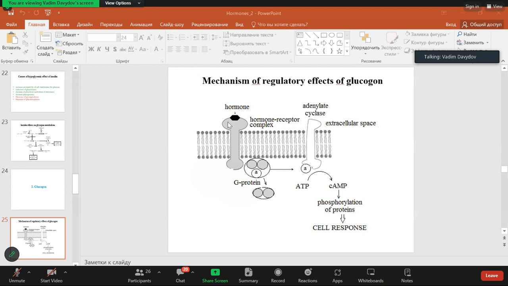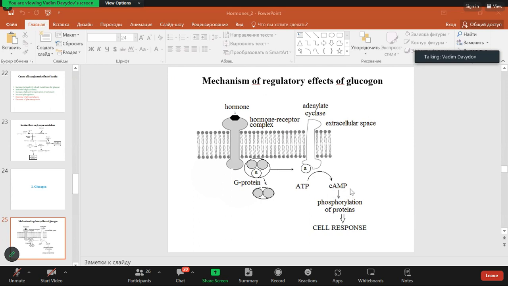My dear colleagues, I won't describe all those mechanisms, as we already discussed the adenylate cyclase mechanism in the effect of different kinds of hormones. Now I want only to say that glucagon binds with the glucagon receptor on the target cell, activating the enzyme adenylate cyclase, which catalyzes hydrolysis of ATP to yield cyclic AMP.